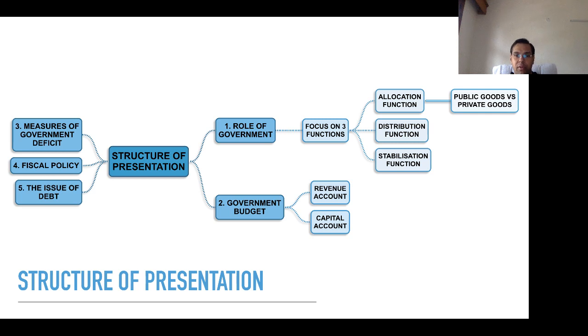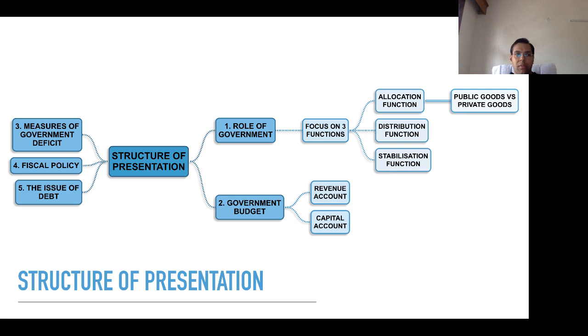Public goods versus private goods. Second is government budget, revenue account, capital account. The third is measures of government deficit. Fourth is fiscal policy. And the fifth is issue of debt.